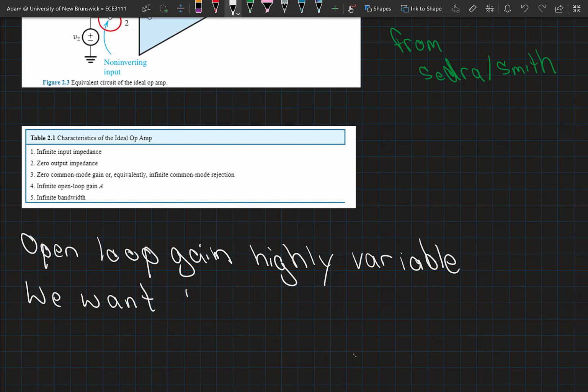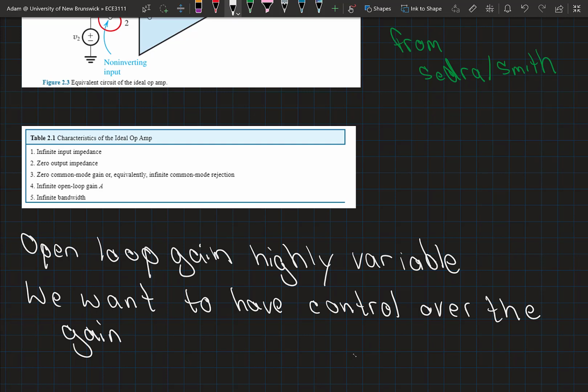So we want to have control over the gain. Right, makes sense. We want to be able to control precisely how much gain an amplifier is exhibiting. Right, when you want to be able to precisely control the volume of your stereo, for example, if we're talking about amplifiers.